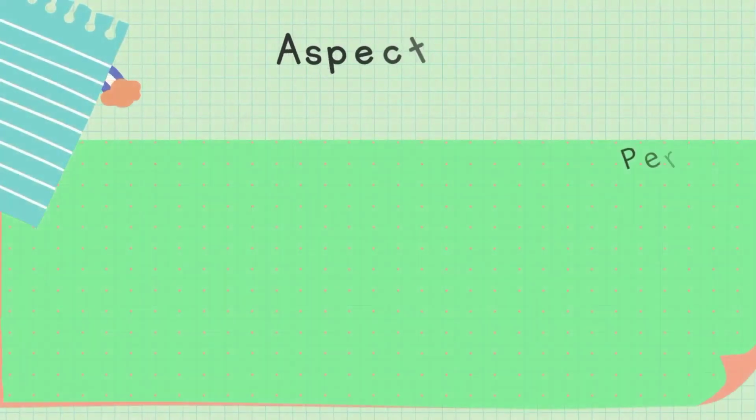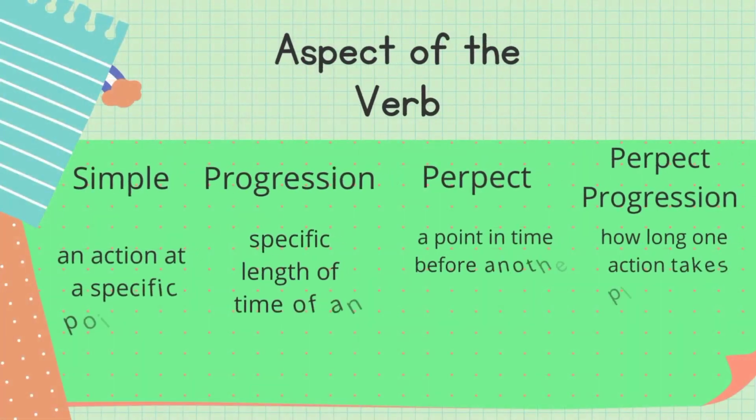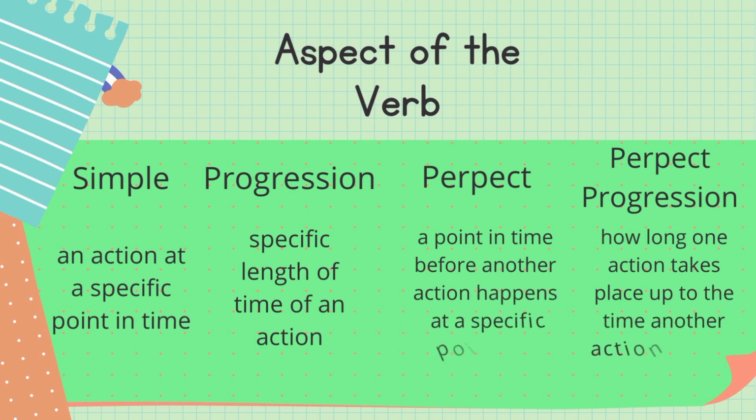Each of the tenses has four aspects: simple, progressive, perfect, and perfect progressive. Simple tenses are used whenever you are talking about an action at a specific point in time. Progressive tenses are used whenever you are talking about the specific length of time of an action.